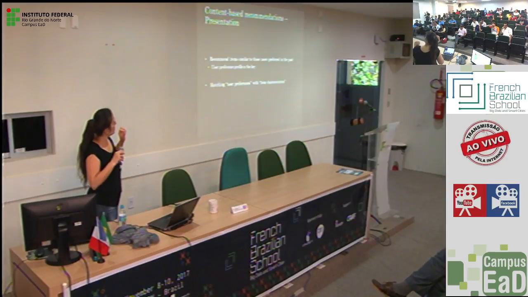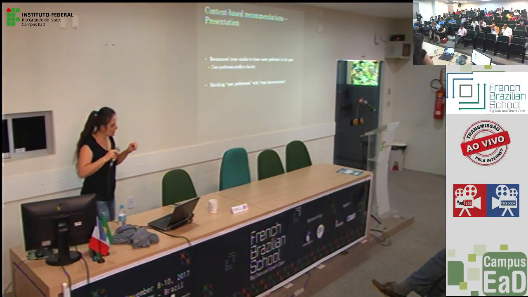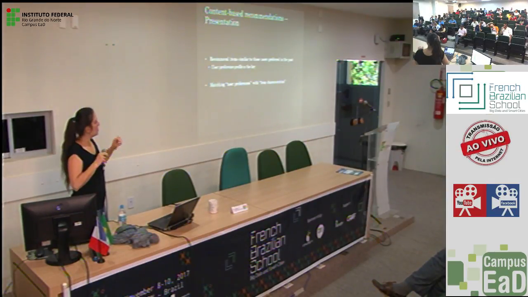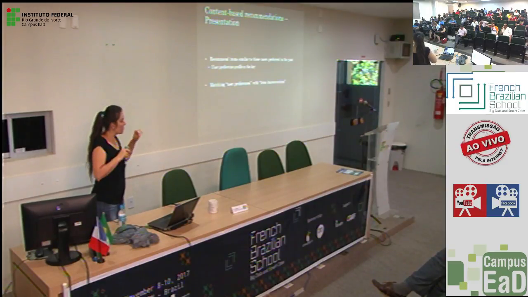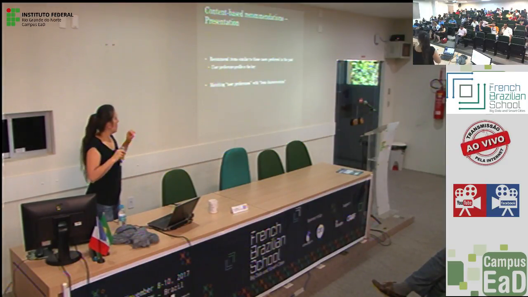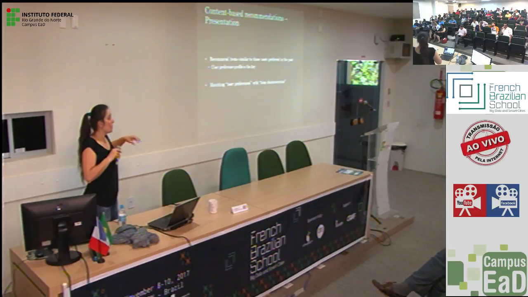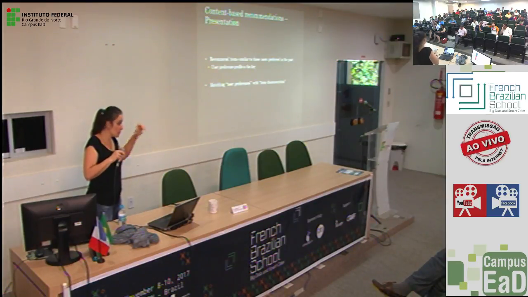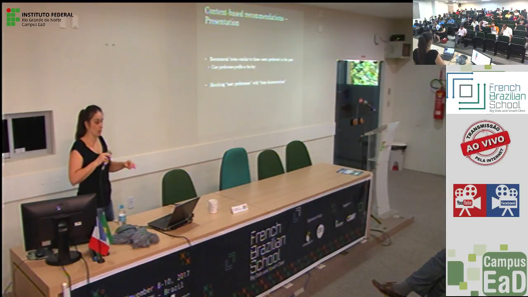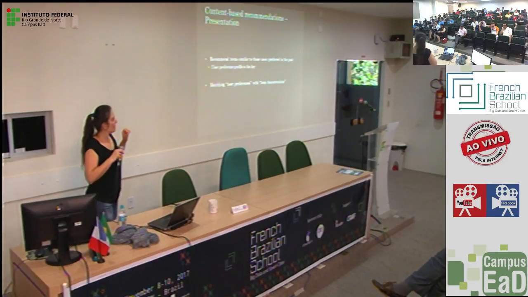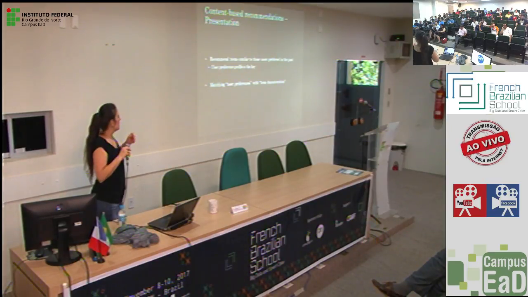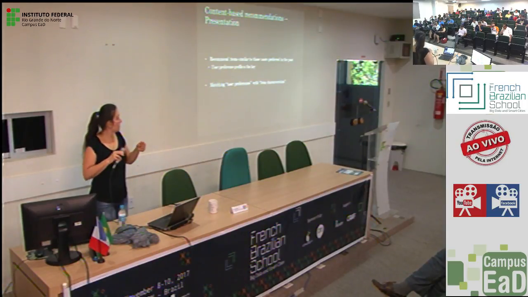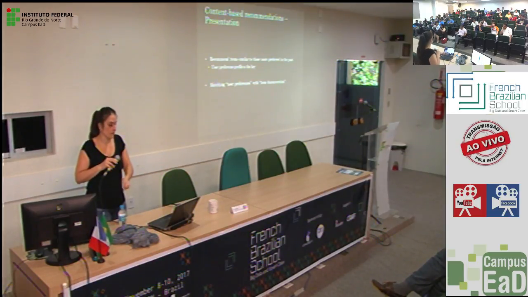This approach tries to recommend items similar to those the user preferred in the past. So here again, the user profile and the user preferences are the key. The idea is to match the user preferences with the item characteristics.